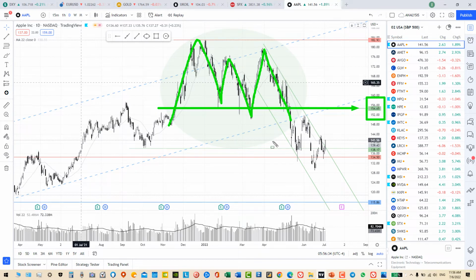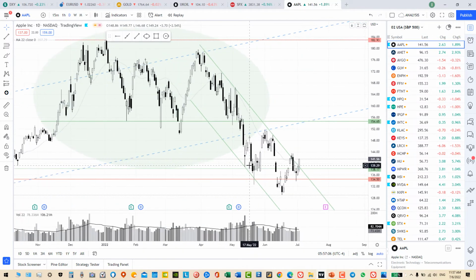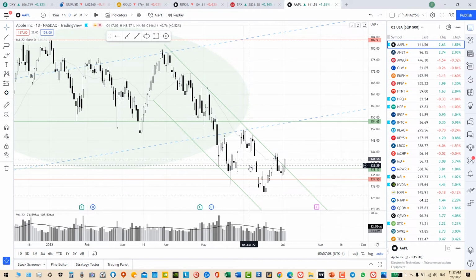In addition, it's very clear that over the short term there is an impulsive wave to the downside. A correction, if Apple managed to start a correction against this downward wave, I think it may target the resistances we have just talked about.